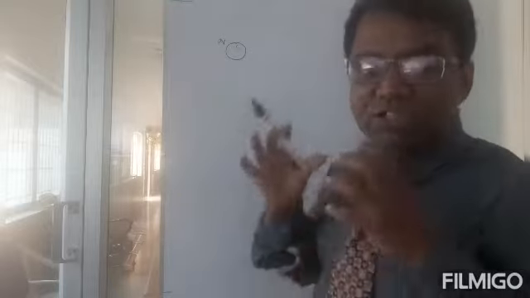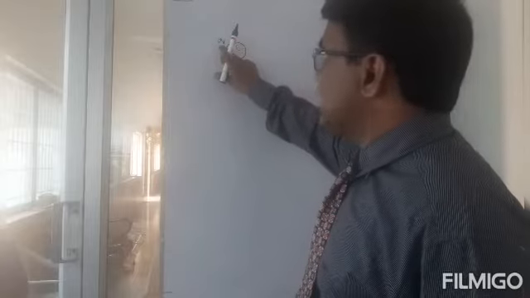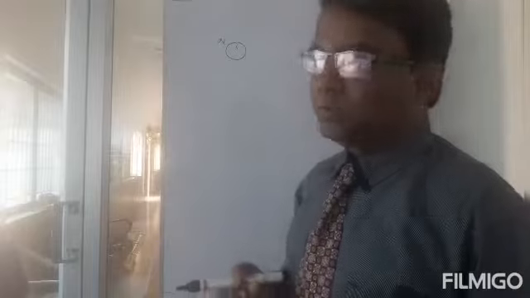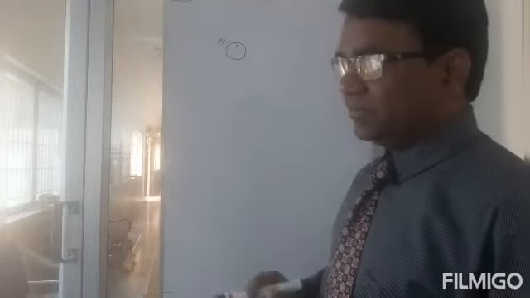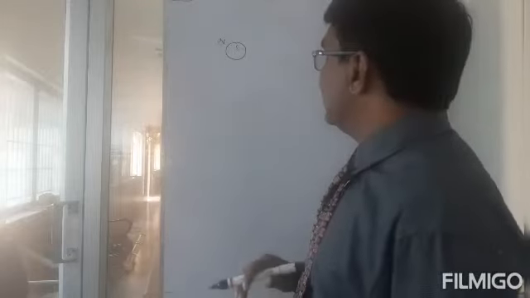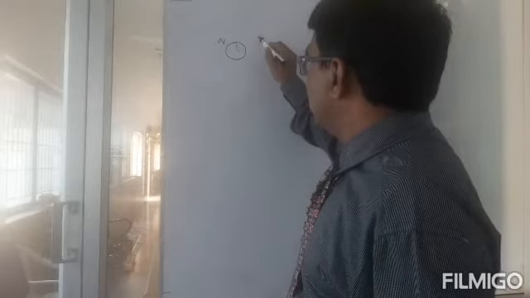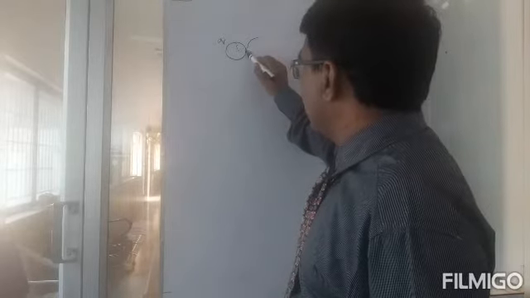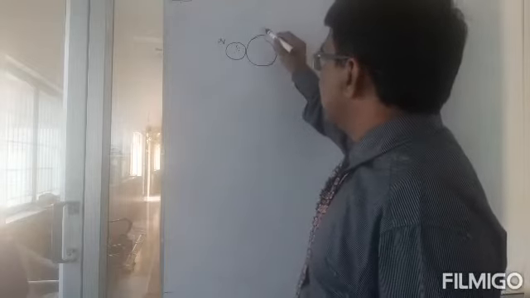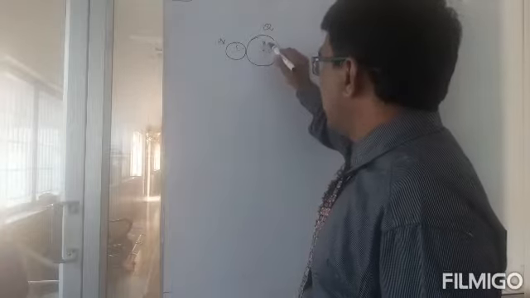I'm taking a very general case. So you have a small sphere with small q charge on it, and that sphere has a radius r. Now there is another sphere, a bigger sphere than this, that has capital Q charge, and the radius is capital R.